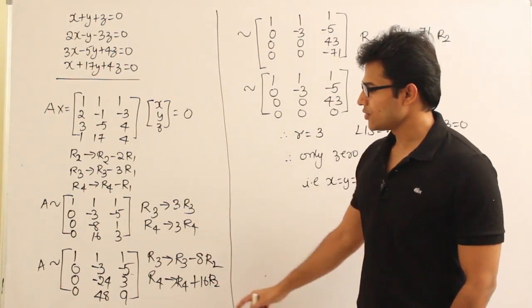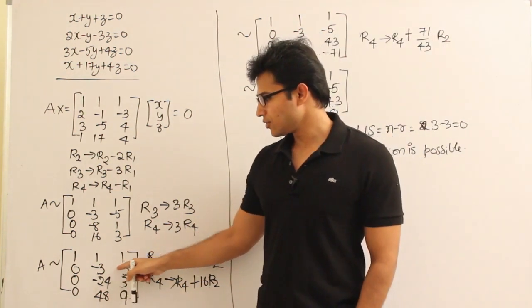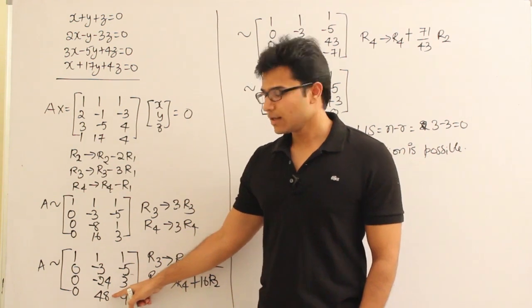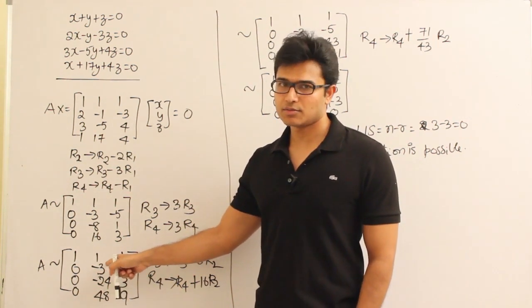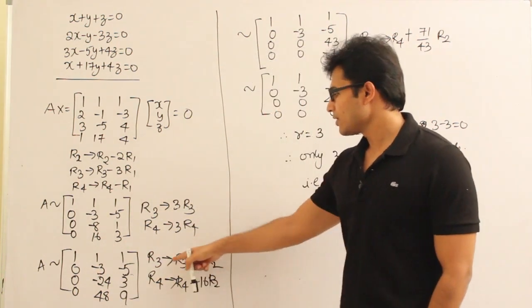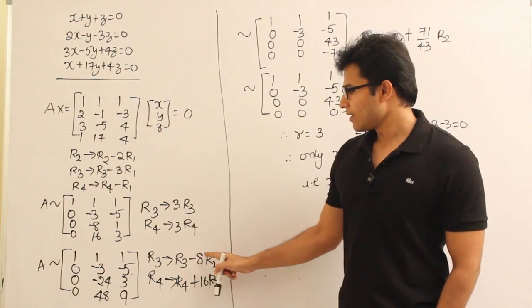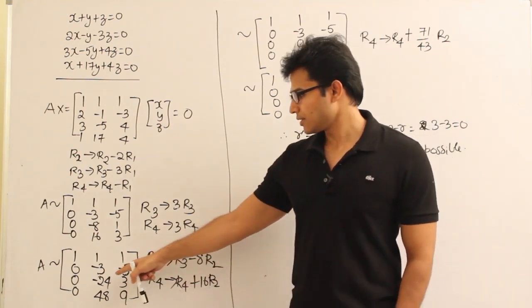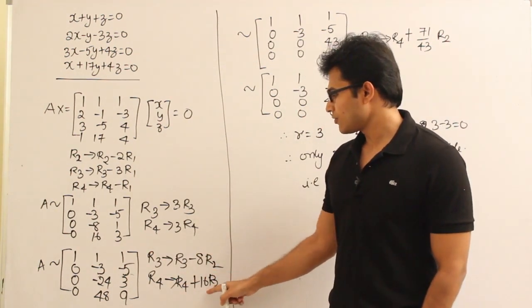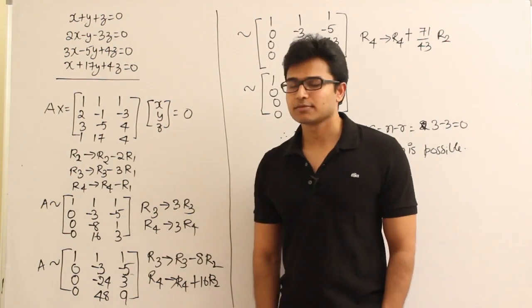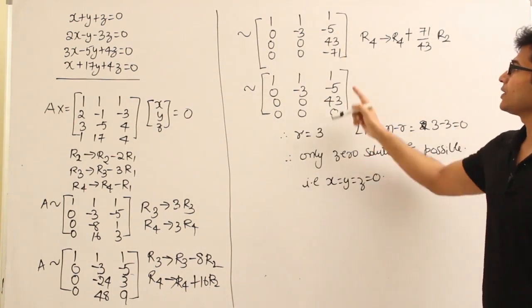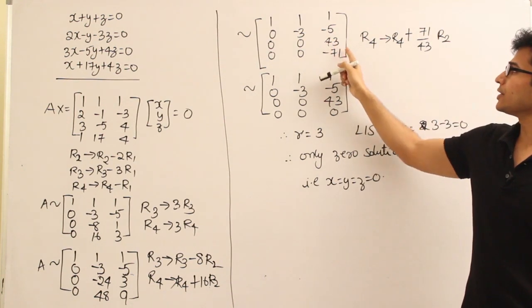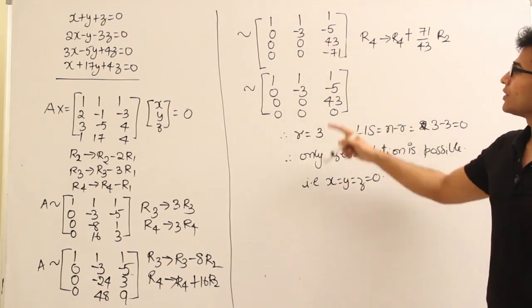And now I'll use this row in order to make these two zeros. These two are already multiples of 3, so you can multiply this one with corresponding numbers and subtract from here. For that reason, I am multiplying R2 with 8 and subtracting from here, and R4 with 16 and adding it to here. So if we do that, we are going to get these two elements as zeros. And finally, I want to use this element and make this one 0.